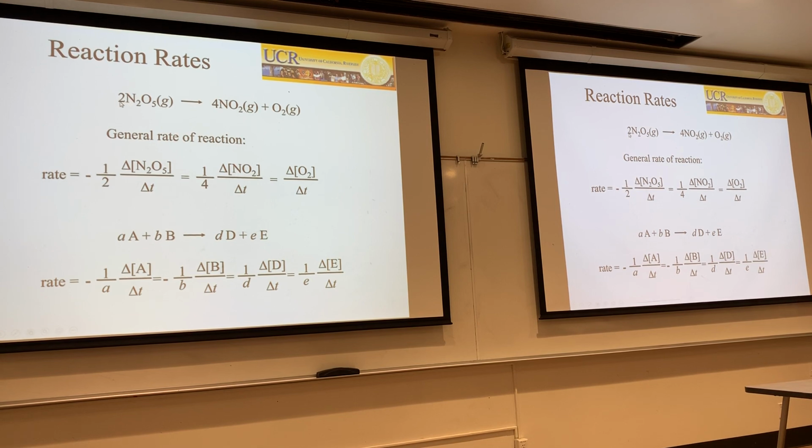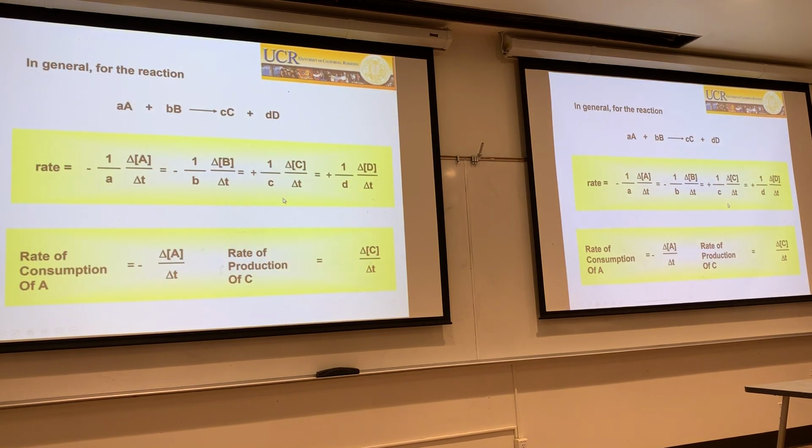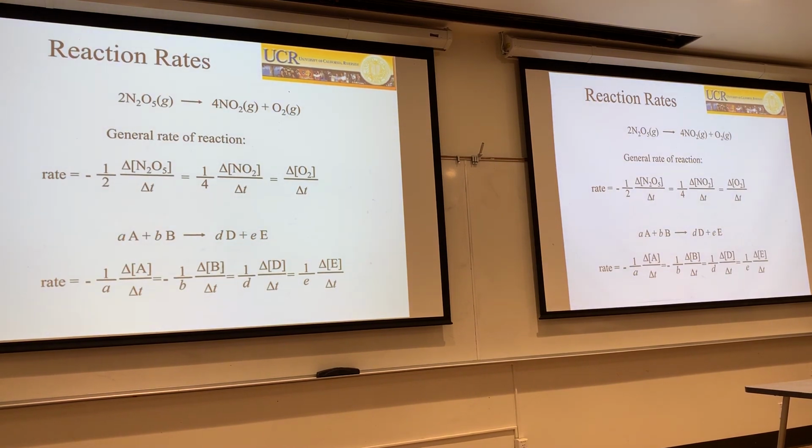Here the stoichiometric coefficient is -2. It's being consumed after all, so it's minus the stoichiometric coefficient, and there 2, so it's -2. So I have 1 over -2 over here. Here the stoichiometric coefficient is 4, so it's 1 over 4, it's plus 4 since it is being produced. Here the stoichiometric coefficient is 1 in front of O2, and it's positive, it's being produced, so I have 1 over 1 here, just like that.